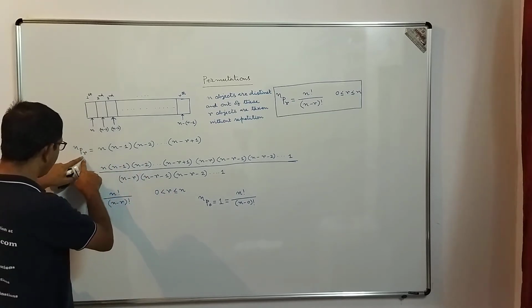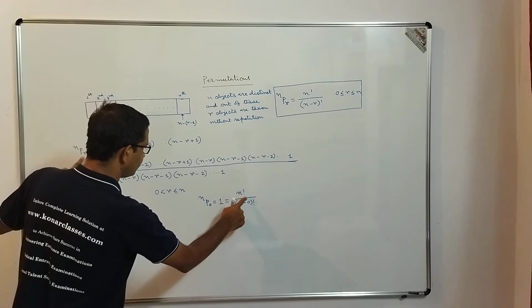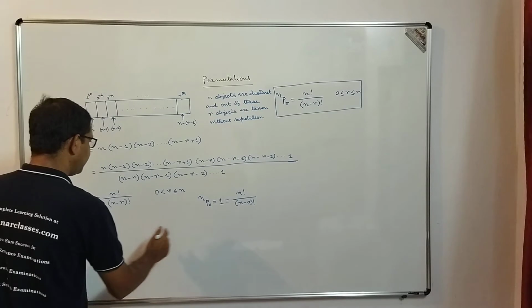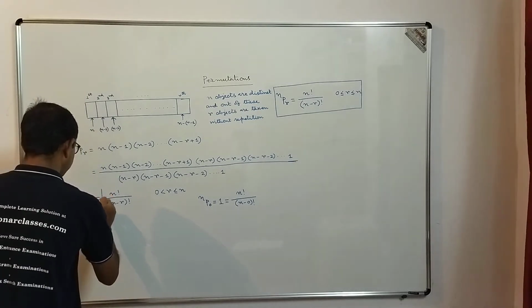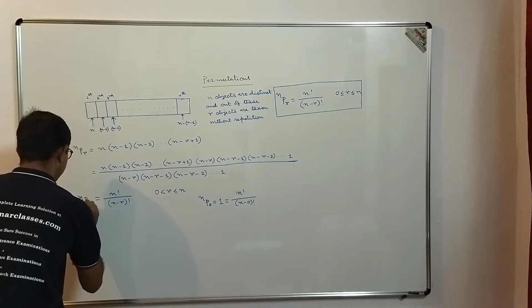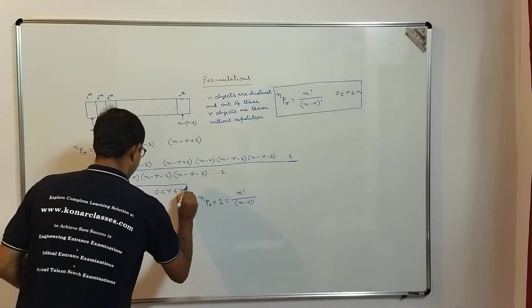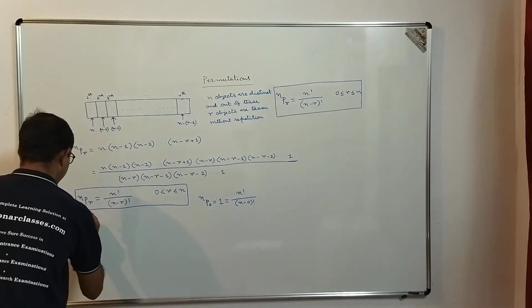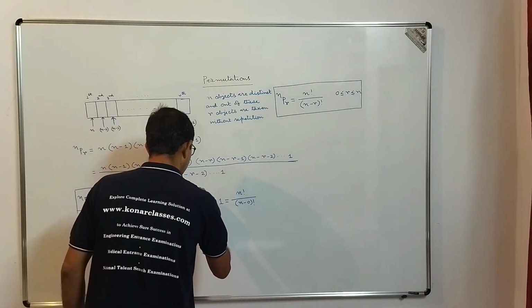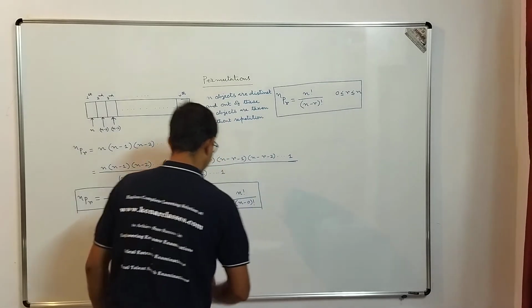And when r equals 0, we are also able to express nP0 as n factorial by n minus 0 factorial, correct? So this is 1. So if I write it here, nPr is equal to n factorial by n minus r factorial when 0 less than r less than or equal to n, and when we get nP0 equal to 1, that is equal to n factorial by n minus 0 factorial.